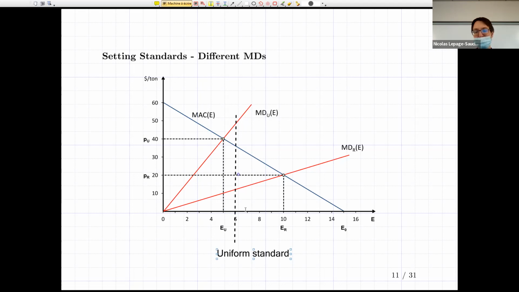But if you choose 6, then from 5 to 6 you have marginal damage that's too high and marginal abatement cost that's too low. So it would be cheaper to abate than to allow the emissions. And the deadweight loss is this triangle there.